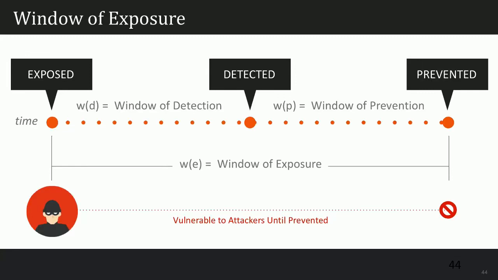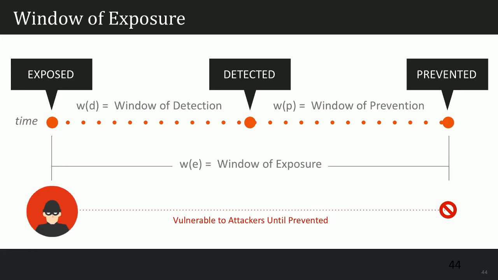So let's take an example. You have a sensitive document that is exposed via a cloud application. At that time T, the document is exposed, containing sensitive information. The window of detection is the time taken by any solution or an individual to actually detect that the document is exposed. And from there onwards, the time taken to actually fix that issue is the window of prevention.